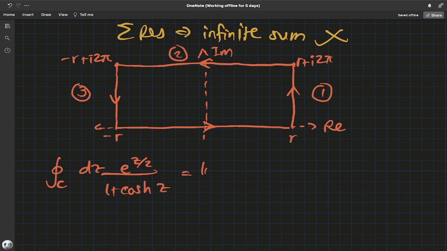So our closed loop integral around this is going to be the limit as r goes to infinity of the integral from negative r to r on this real axis.